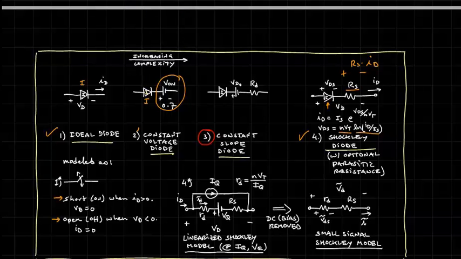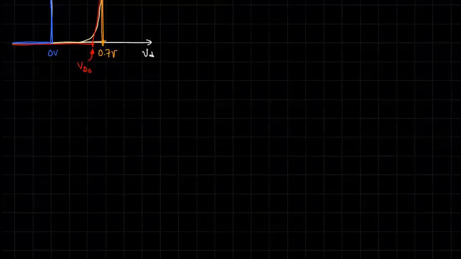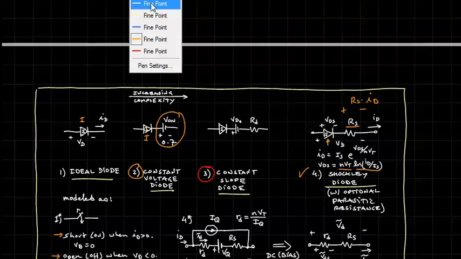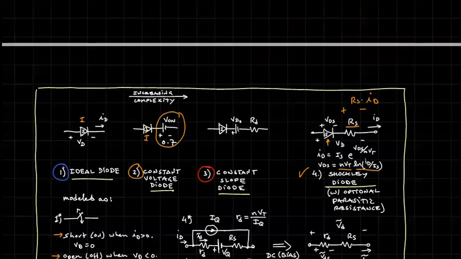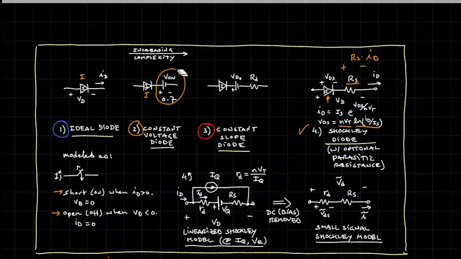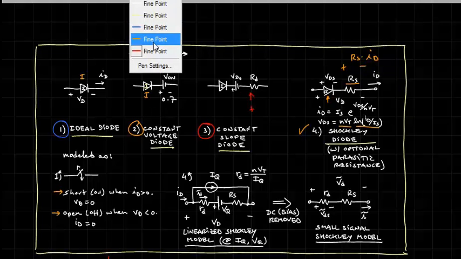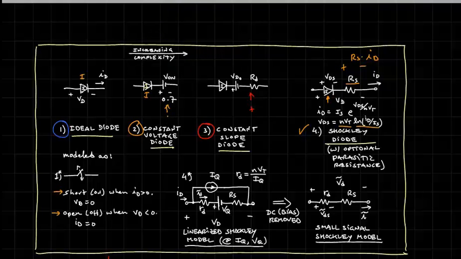Let me color these in here. So we've augmented our second model by adding in this, and this. So as we move to the right, we added a battery, and then we added a resistance.